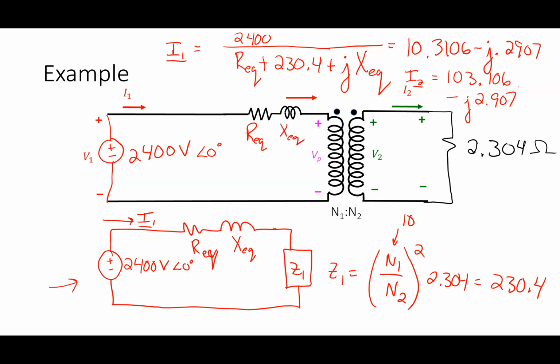Now, what if I wanted to figure out V2? I could do it that way. It should be the case that I2 times 2.304 would be V2. But let's not do it that way though. I got another way to do it. How could I get it from looking at this circuit right here?